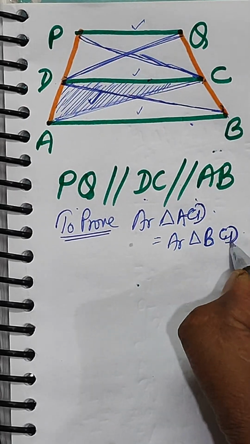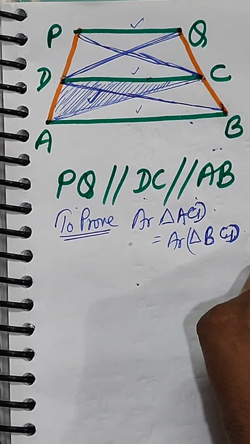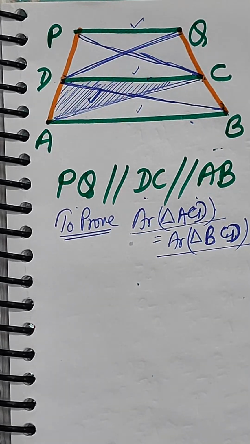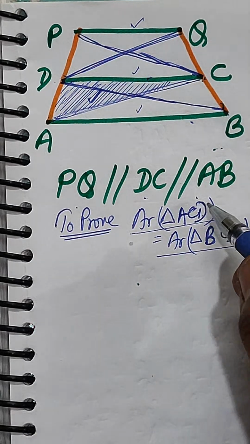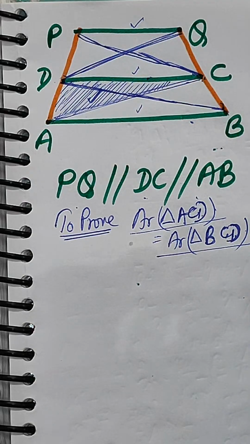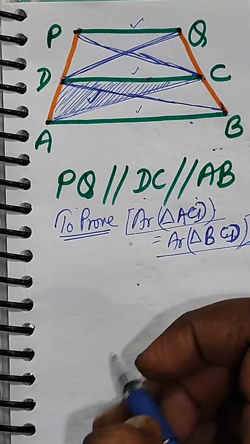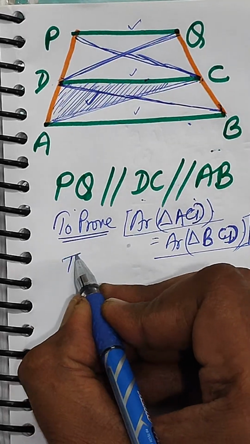So this will be equal. So we can say that the area of triangle ACD will be equal to the area of triangle BCD. Now from here we can see that yes, triangles on the same base and between the same parallels. So what we need to prove is proved. What is the theorem which we have used?